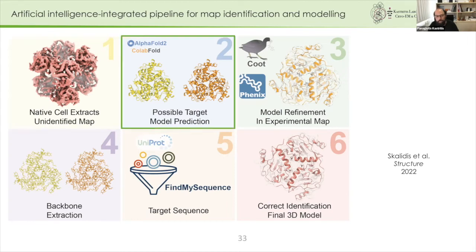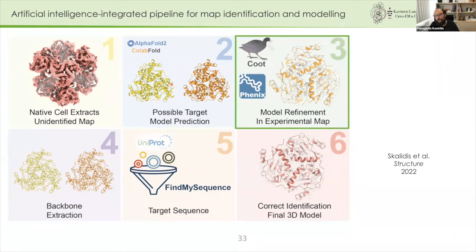Then, by using ColabFold, we can derive the trimeric models from our candidate proteins that can fit here. And then we can use our normal tools as structural biologists, Coot and Phenix, to refine the fit of both of these models inside our experimental map.